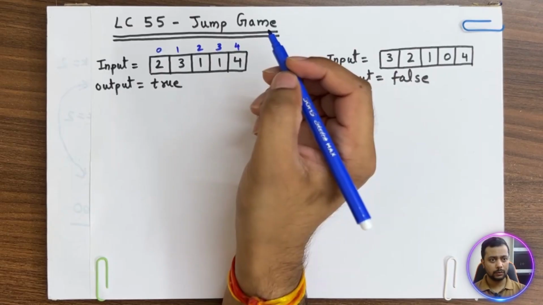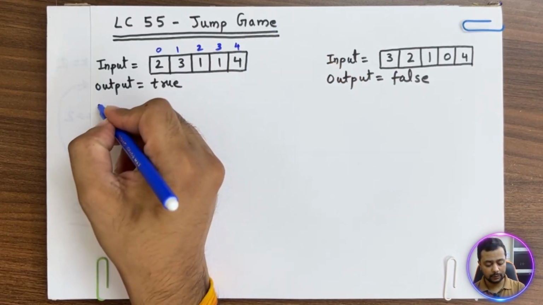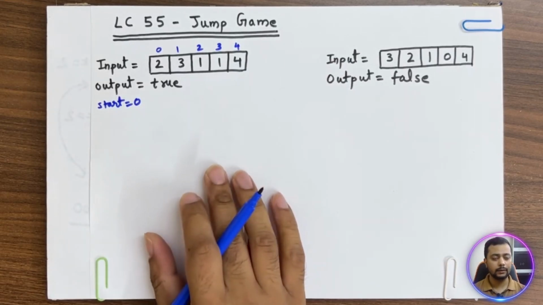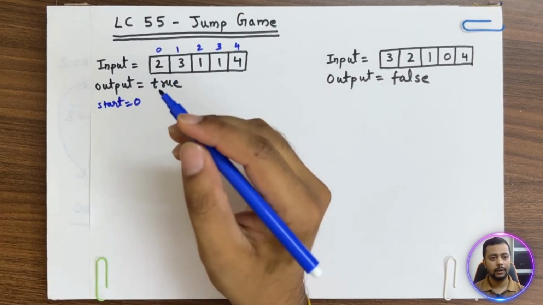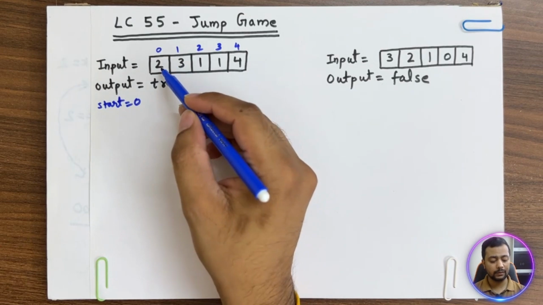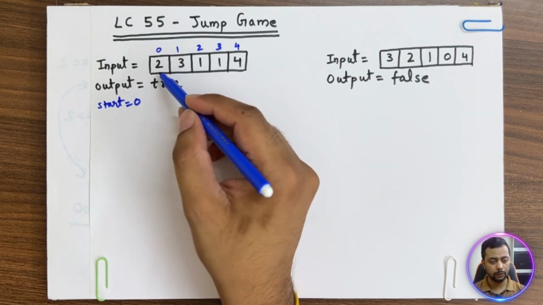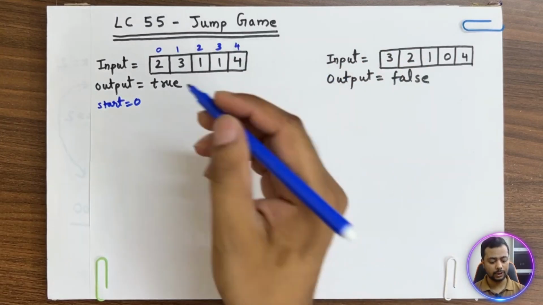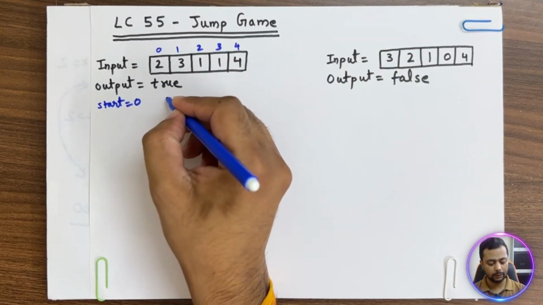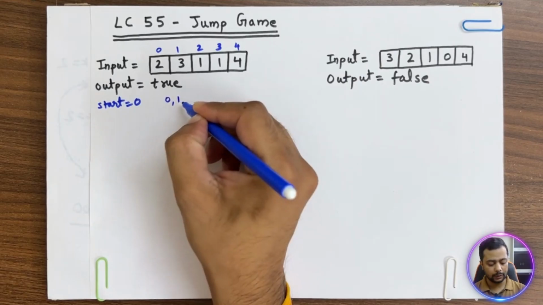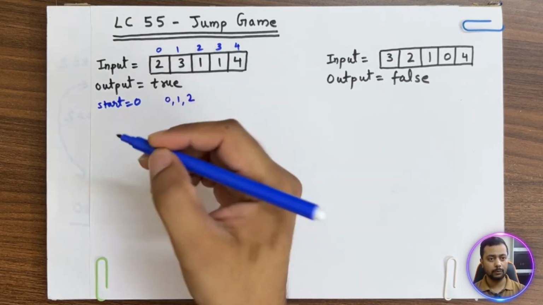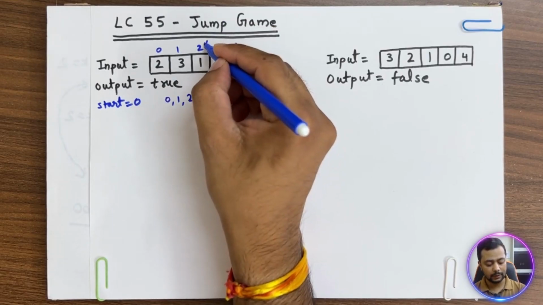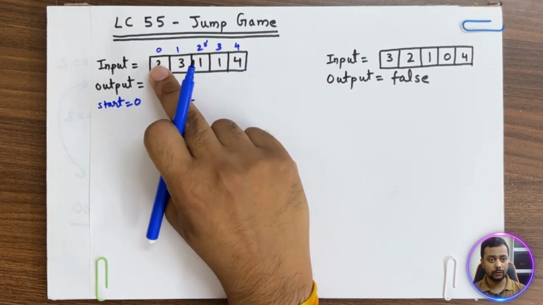As per the problem, our starting position is index number 0, and the maximum jump I can take is whatever value is present at that index. So from 0 the maximum positions that I can reach are indices 0, 1 or 2. So basically 0 plus 2. This is the farthest index that I can reach from position 0.